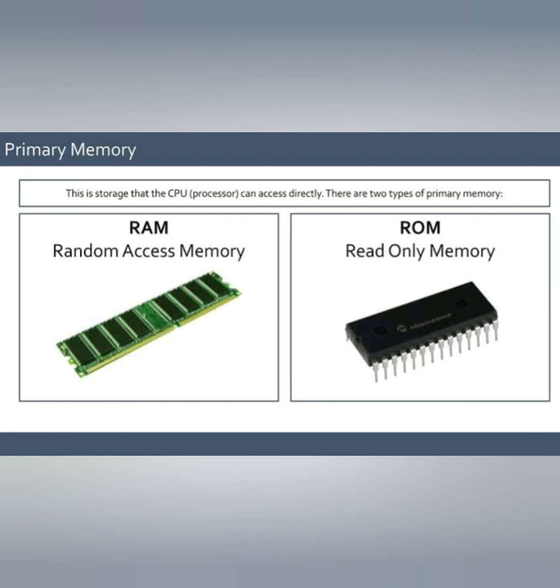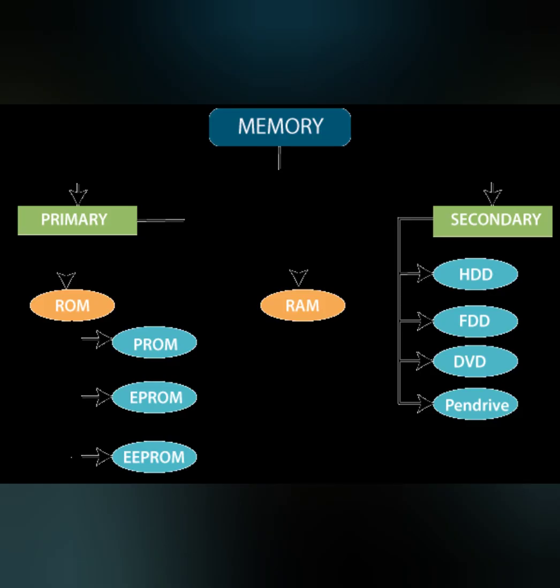ROM is further classified into three main categories, that is PROM, EPROM and EEPROM. PROM means programmable read-only memory. The information recorded in PROM cannot be changed. EPROM is erasable programmable read-only memory.